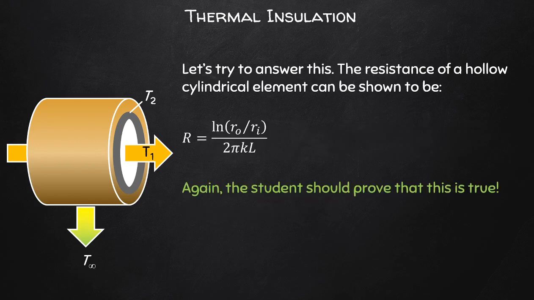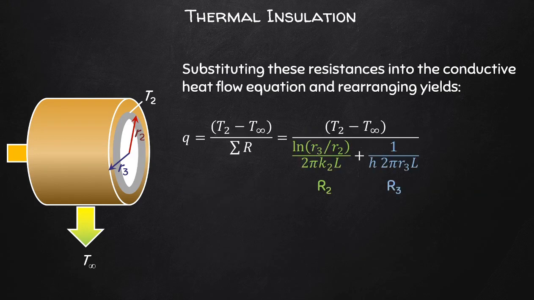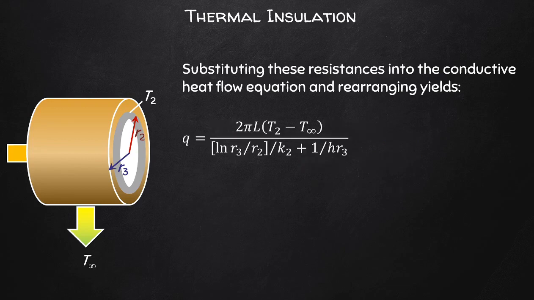So to complete this analysis, it was useful to define a thermal resistance as shown here, and therefore we can specify resistances due to the insulation as well as the surrounding air. So this is conduction and convection. We obtain the following from summating these resistances, which simplifies to the following form.